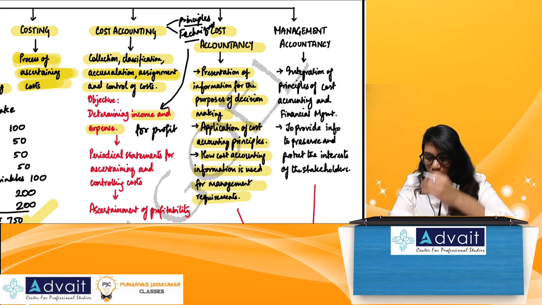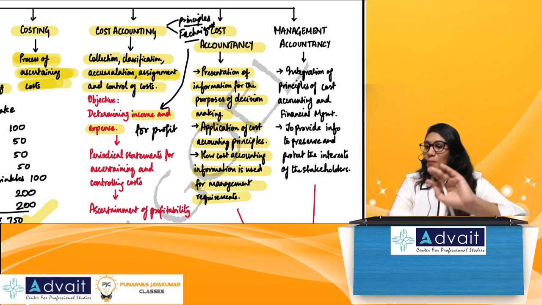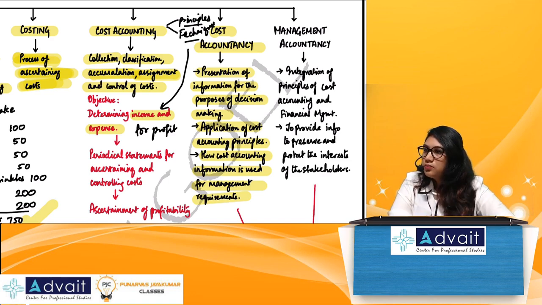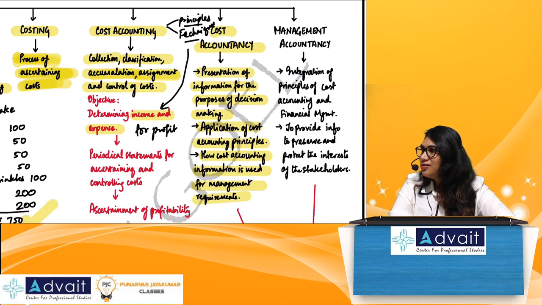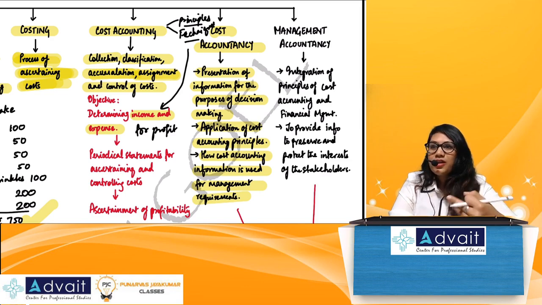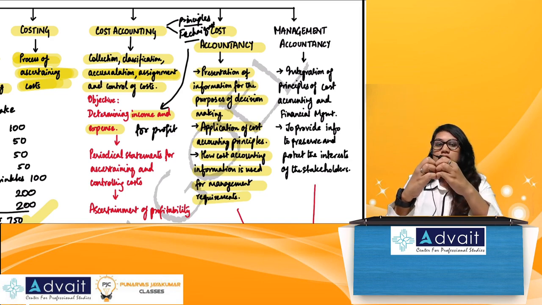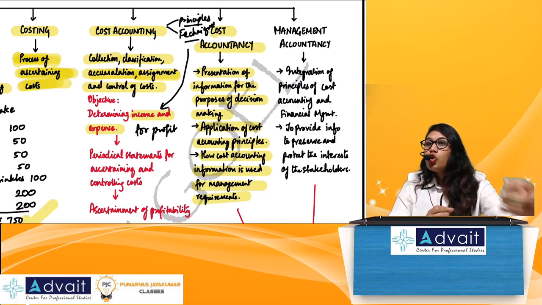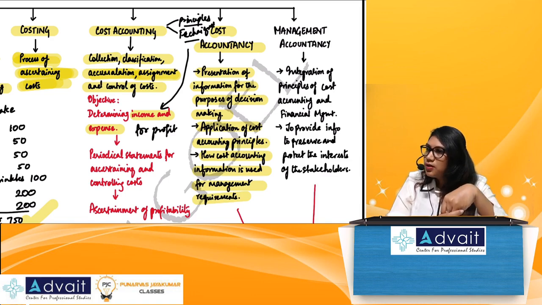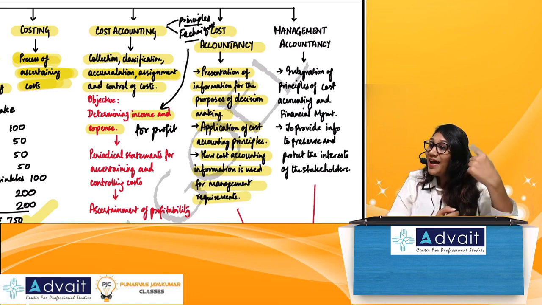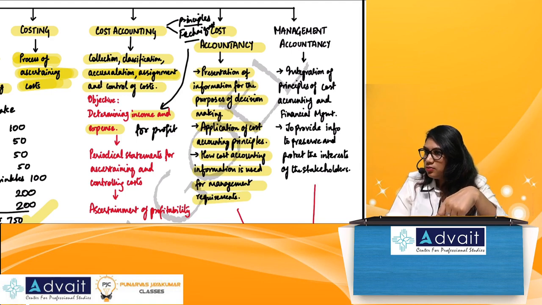Now, what is management accountancy? The name of this subject is cost and management accountancy. Correct? So, what is management accountancy? Along with costing principles, when I also integrate principles of financial management, then it becomes management accountancy.